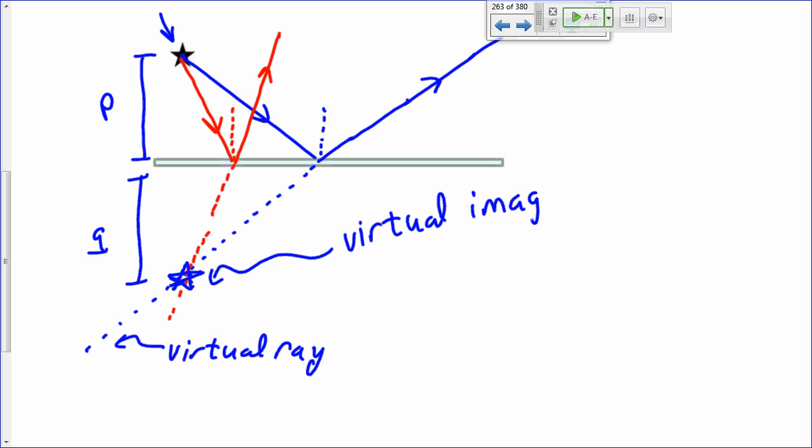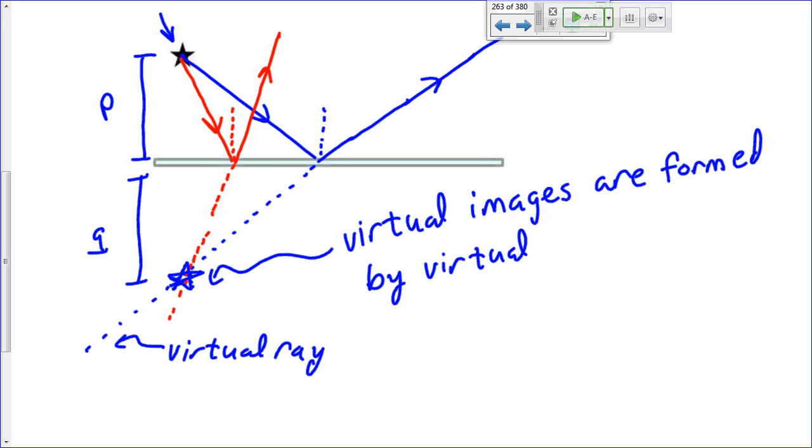And virtual images are formed by virtual rays. All right, so we call these dashed rays virtual rays because they don't really exist in real space. They're sort of behind the mirror, if you want to think about it in that way. But they're formed by these virtual rays, these virtual images. And remember, you can't project these onto a screen.